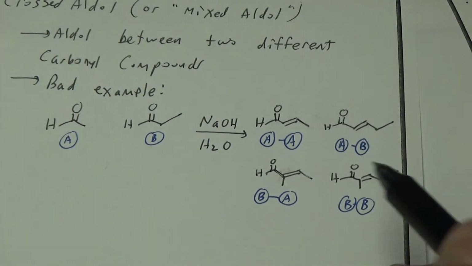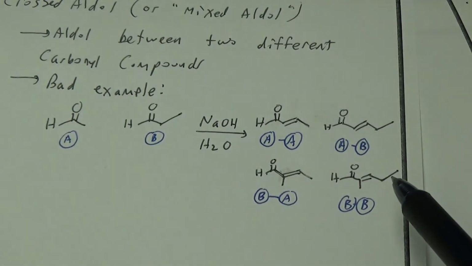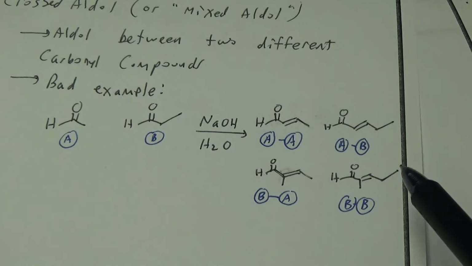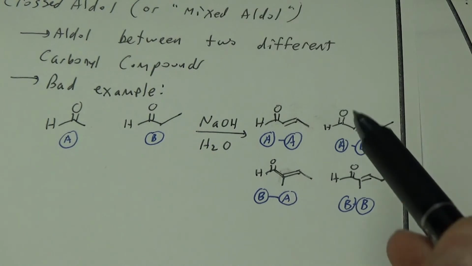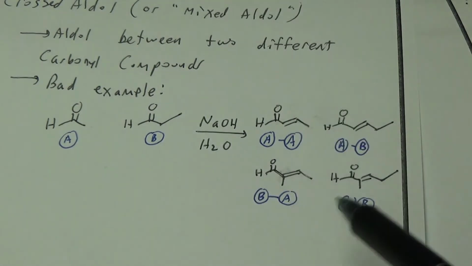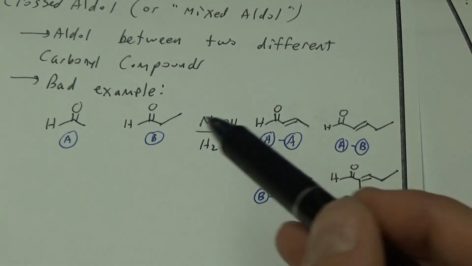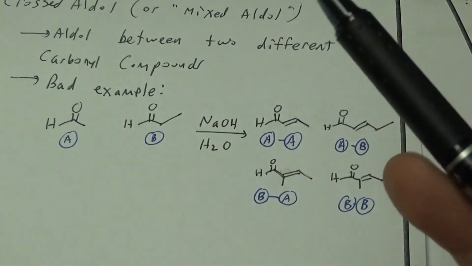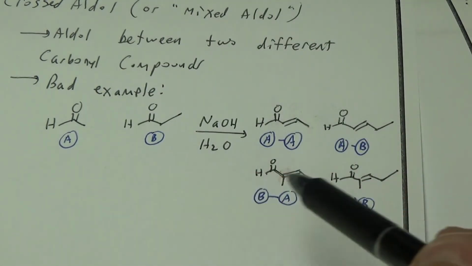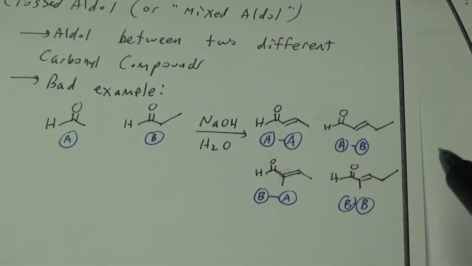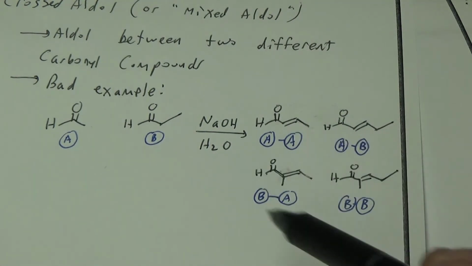Okay, so this is a bad example. Why is this such a bad example? Because generally speaking, as organic chemists, we really don't like making mixtures of 4 compounds. It's like when you do a reaction, A plus B, you want C, right? You want one product. You never desire a mixture of 4 products, right?